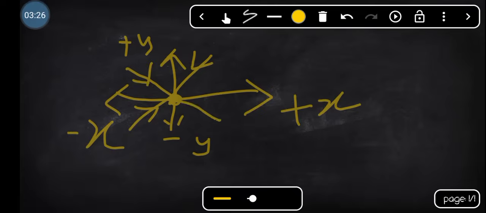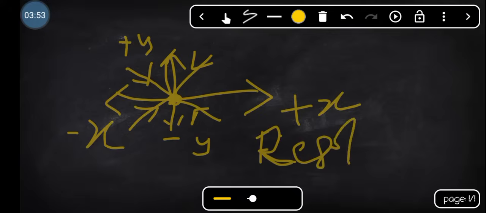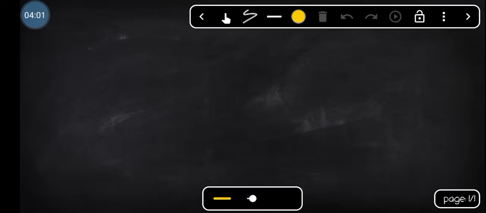To find the total force, we have to resolve each of these forces into their respective y-axis and x-axis components. In the process of doing that, we call it the resolution of forces.